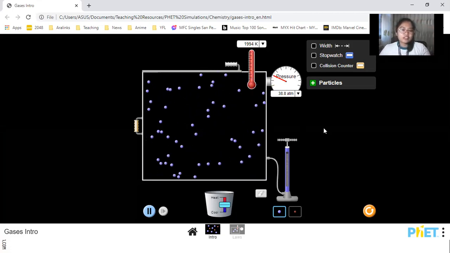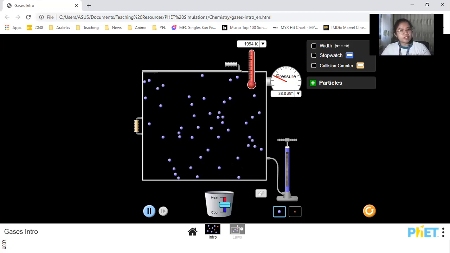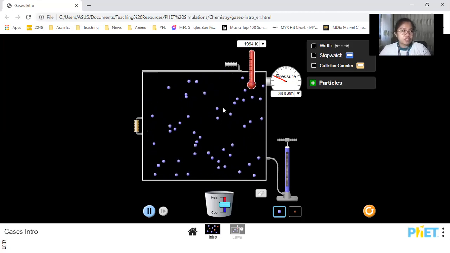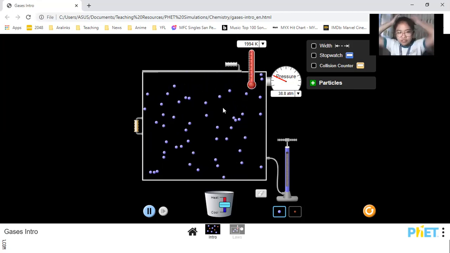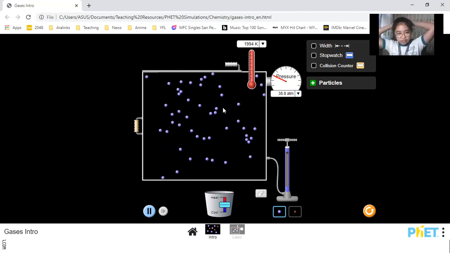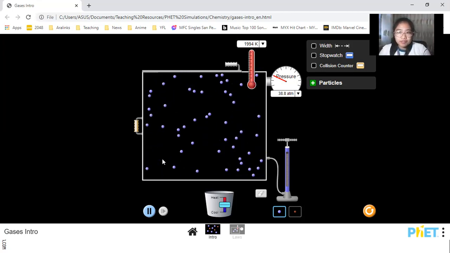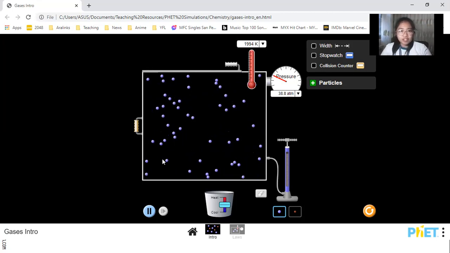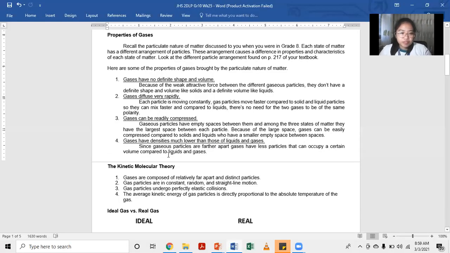As long as the gas is inside the container, it will always move in a straight line motion. And the only time that it's going to change its direction is when it collides at a surface. So, kung napapansin nyo, pag nagko-collide na sila sa surface, nag-iiba sila ng direction, pero straight line pa rin yung motion nila. Okay.